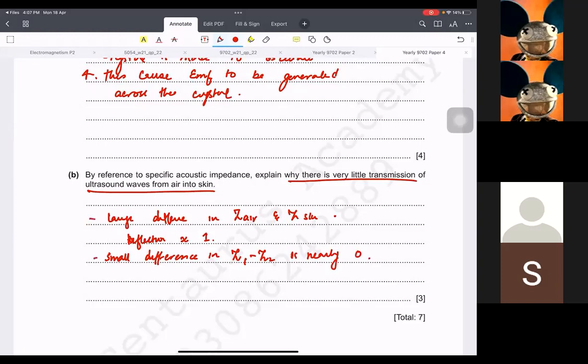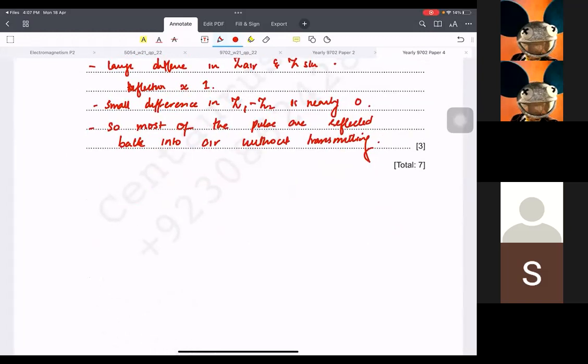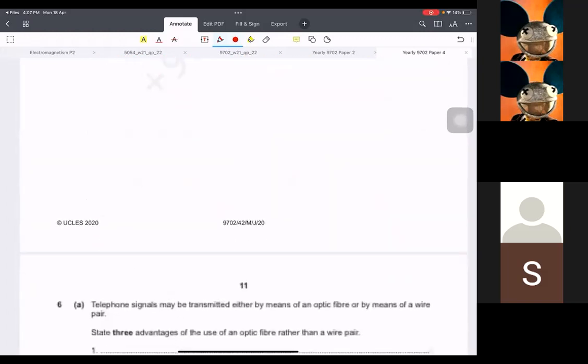So most of the pulses are reflected back into air without transmitting. So you should remember this, right? Now, any questions? Please let me know.